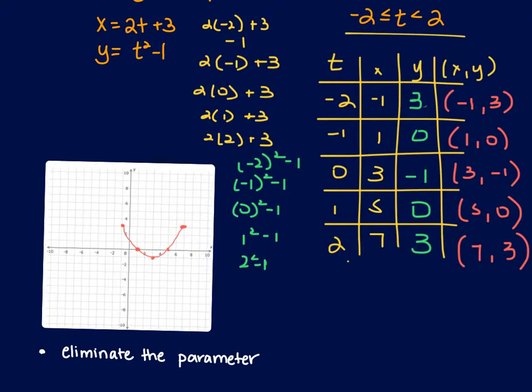So you want to move away from the smallest t value and towards the largest. So my arrows are moving in that direction. Remember that parametric equations should have direction when you're graphing them.